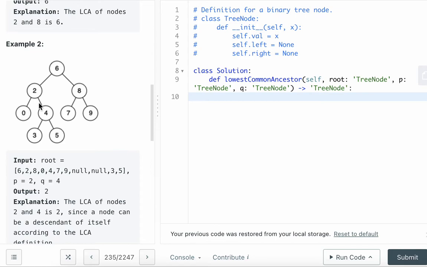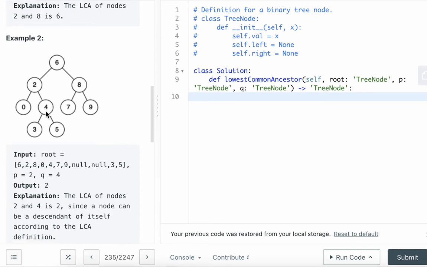There's another scenario: if P and Q are both on the left side, the common ancestor is absolutely on the left side of the tree because both of them are smaller. So when we know it's 2 and 4, we're going to run this call recursively: call root.left, treat root.left as the root node, and continue to call the same function to find the LCA on the left side of the tree.